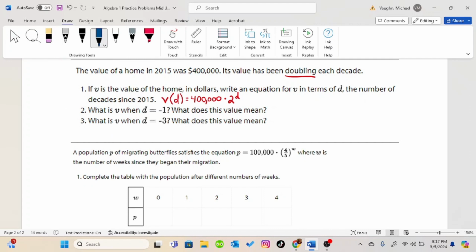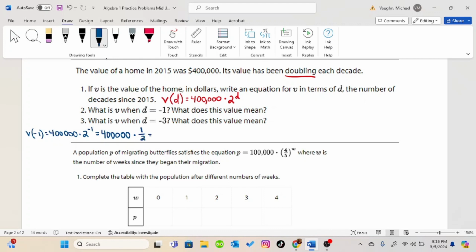What is v when d equals -1? What does this value mean? So we would have v of -1 equals 400,000 times 2 to the power of -1. The negative exponent means we want the inverse, so this becomes 1/2.